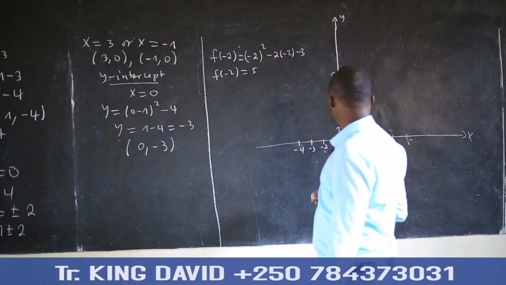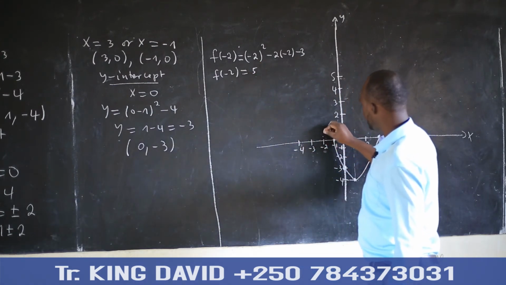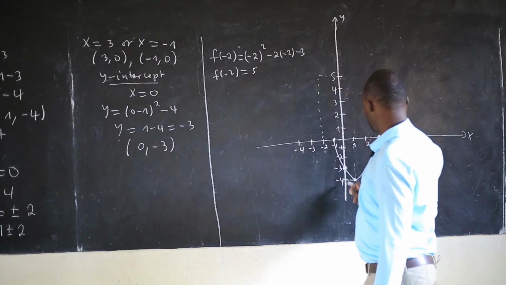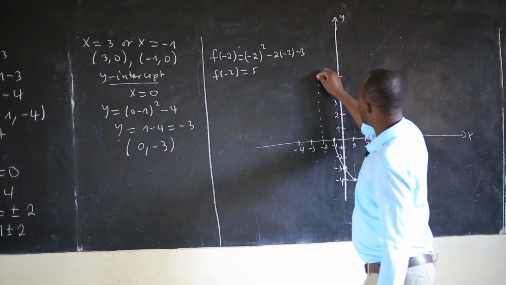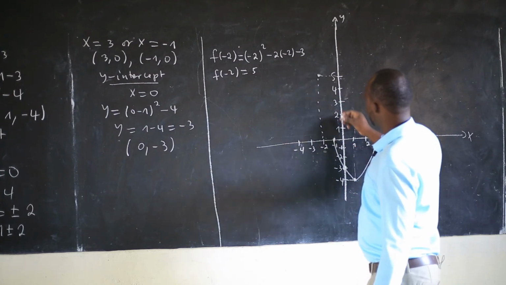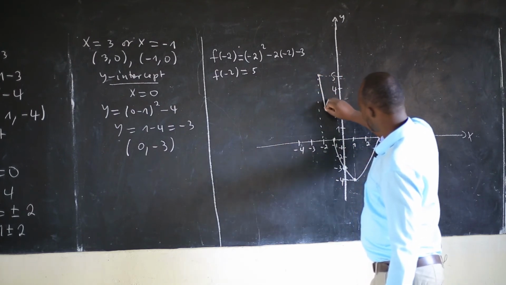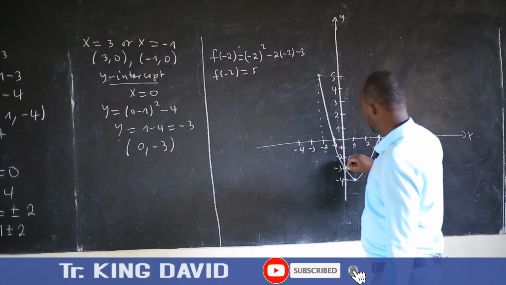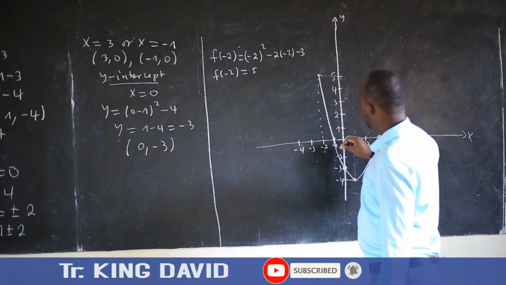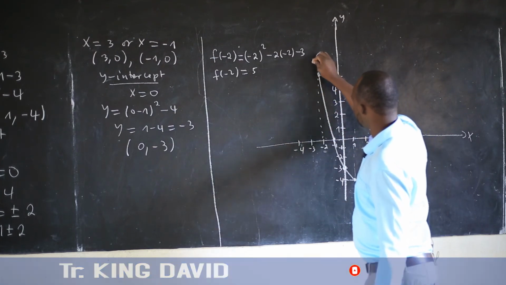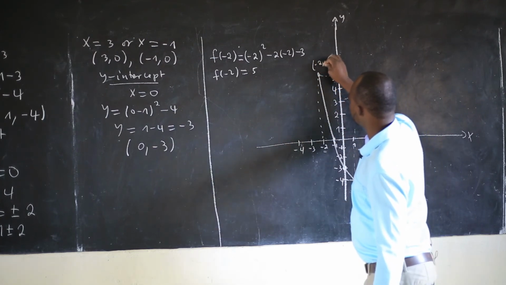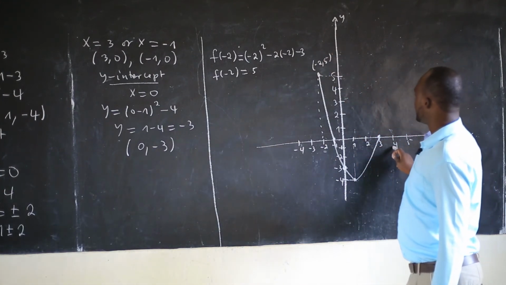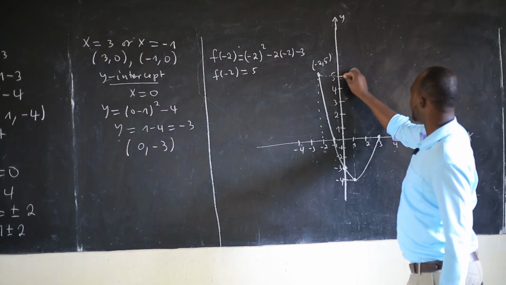So we have negative 2 to 5. Remember, our range is from negative 4 to 5. So we have this point, which means our curve will come from there. So even here, the maximum must be 5.